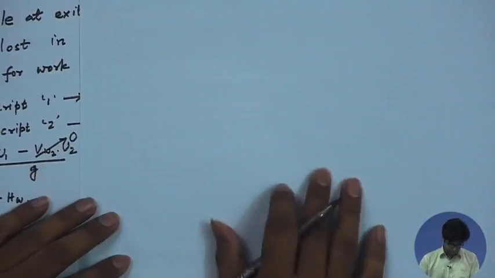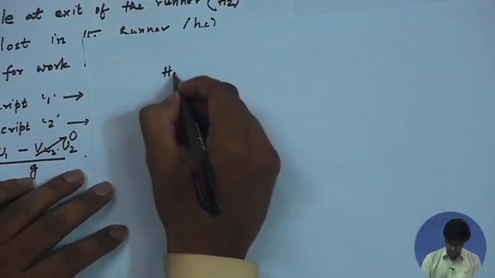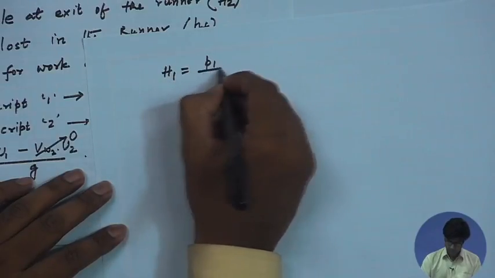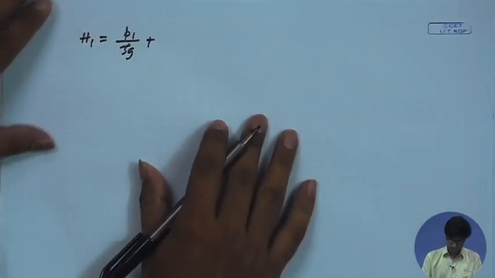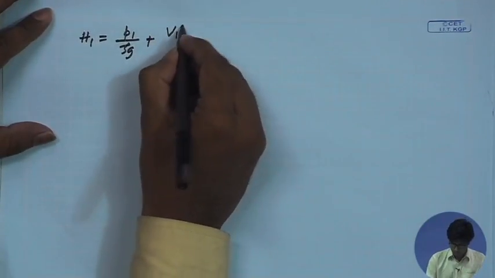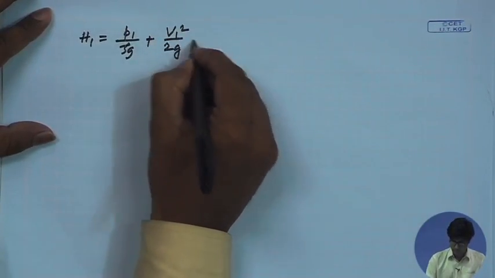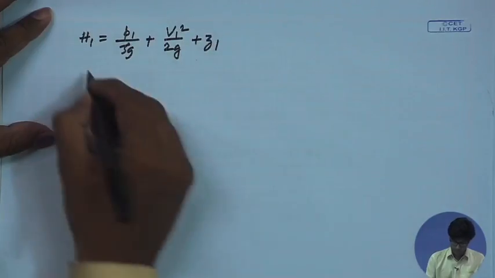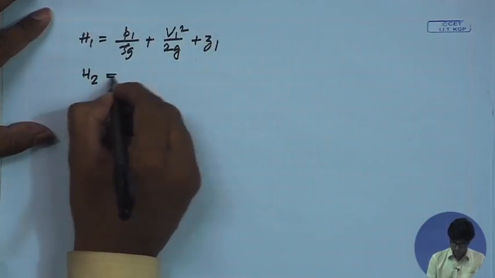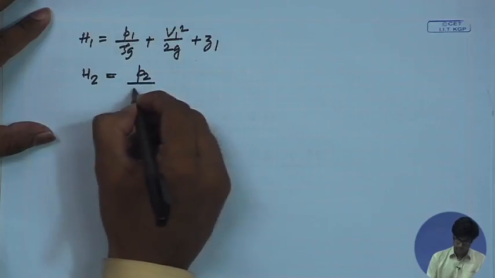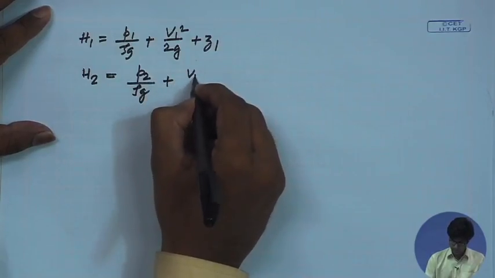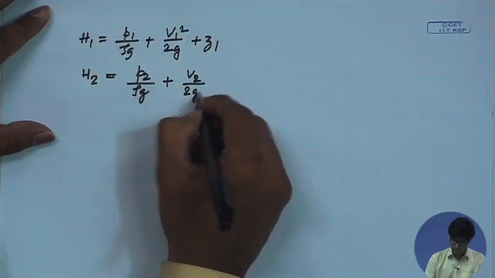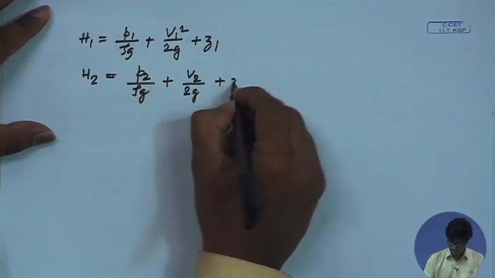So, H1 now can be written as P1 by rho g plus V1 square by 2g plus Z1. H2 is P2 by rho g, that is the pressure head, plus the velocity head at the exit, plus the potential head.